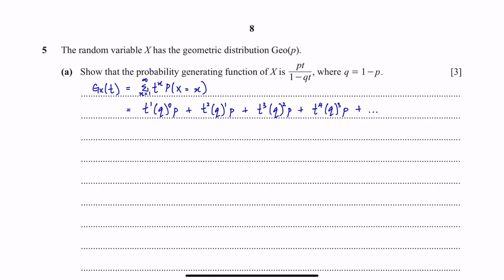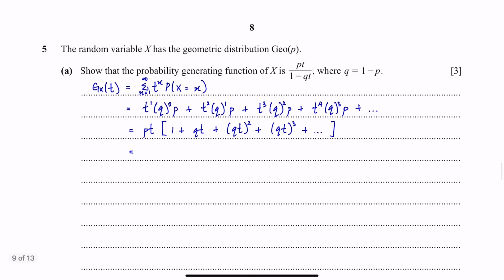So now we can factorize pt out, and we would have 1 plus qt plus (qt) squared plus (qt) cubed, and so on. If you can see, this would be a geometric progression, the sum of the geometric progression to infinity, right?